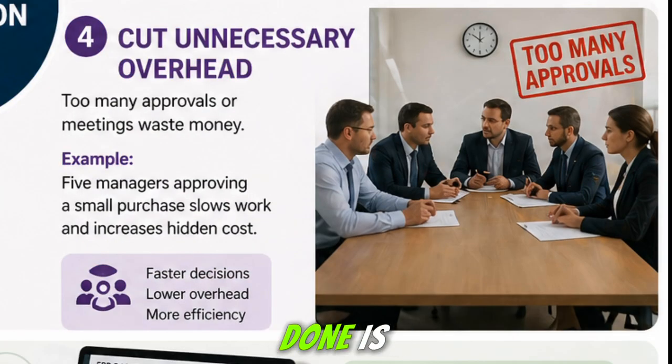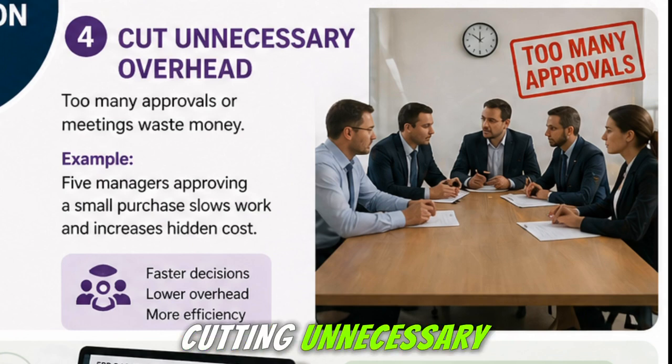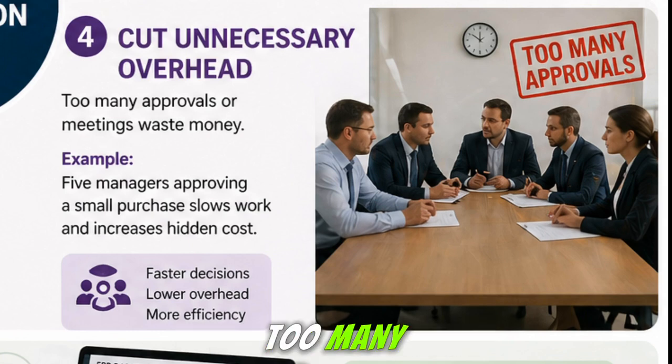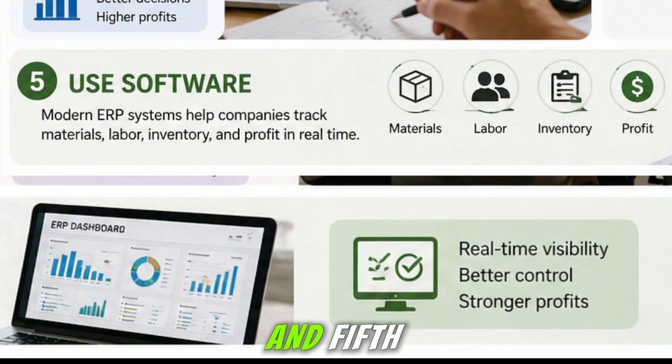Next, what should be done is cutting unnecessary overhead. Too many approvals or meetings waste money. As an example, five managers approving a small purchase slows work and increases hidden cost. And fifth is to use software.